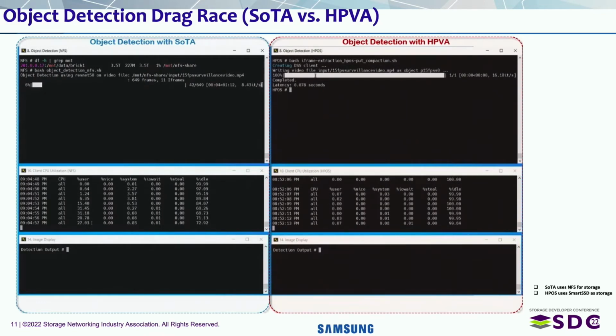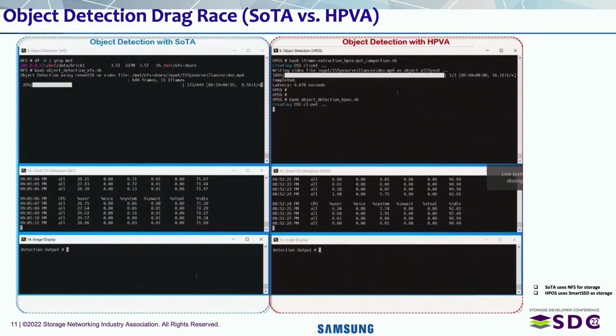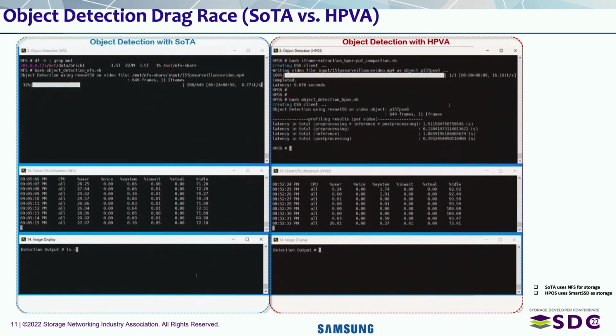Video will start to load, and you'll see on the left, the CPU utilization is sitting around 25 to 30%, whereas on the right side, the loading is already done because it's just the iframe extracted from the HPOS solution, and CPU utilization is very low. And on the bottom, you'll see the inferenced images start to load on the destination folder.